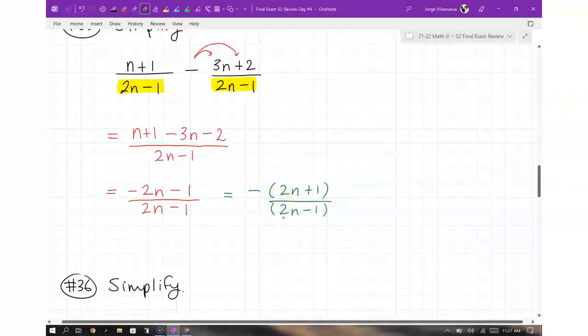It's no longer matching. If I factor out the negative, the minus 1 becomes a plus 1. Now they don't match, so I can't cancel it. Just because things look the same doesn't mean they are. Sometimes when you take out a negative, it changes everything. So with that, we're just going to leave it alone.